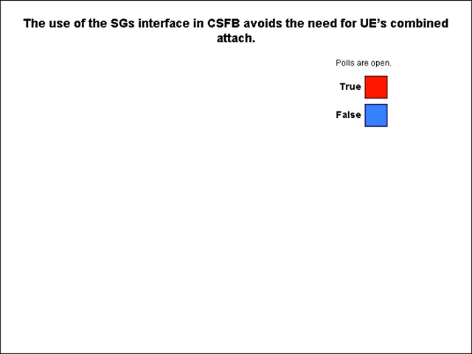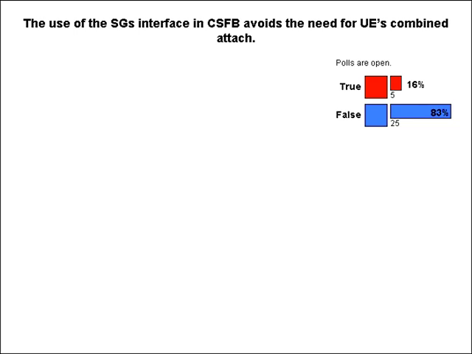Okay, let's look at the results. 80% got it right. So with CS fallback, we do have a connection between the MME and the MSC server, that is the SGS interface. Now, after power up, what we need to do is combined attach.